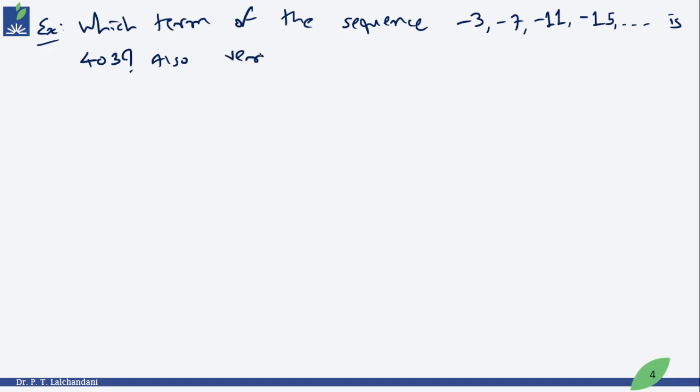Also verify whether -500 is a term of this progression or not.